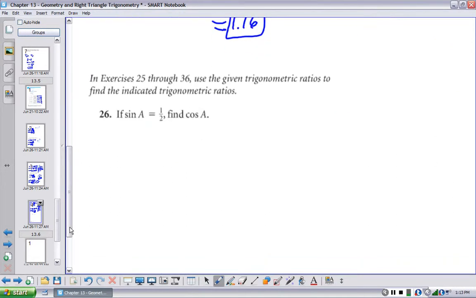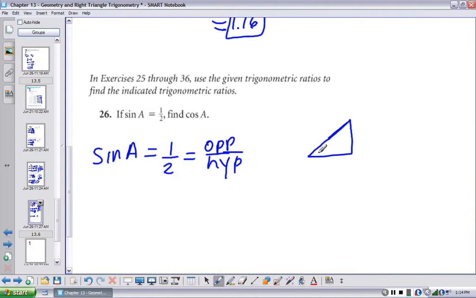All right, number 26. It says in the exercises 25 to 36, use the given trigonometric ratios to find the indicated trigonometric ratios. Okay, so we are given that sine A is 1 over 2. And remember that sine represents opposite over hypotenuse. So if this is A, then the opposite side is 1, the hypotenuse is 2.